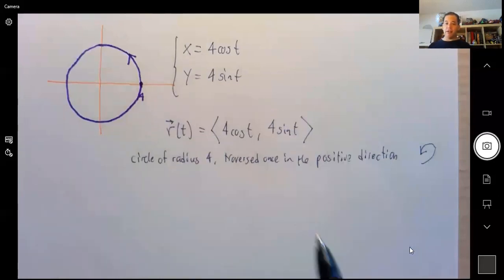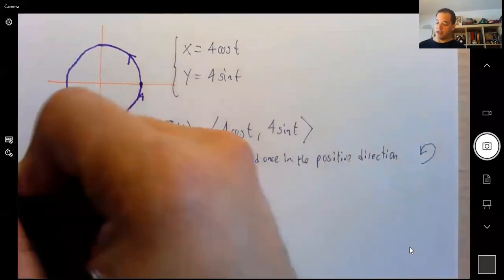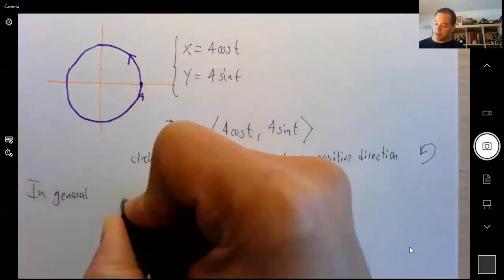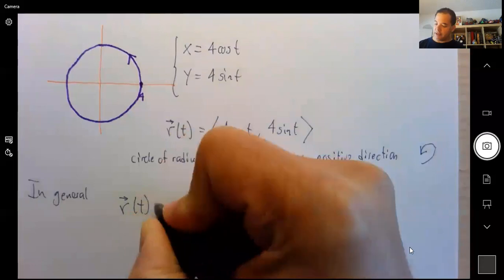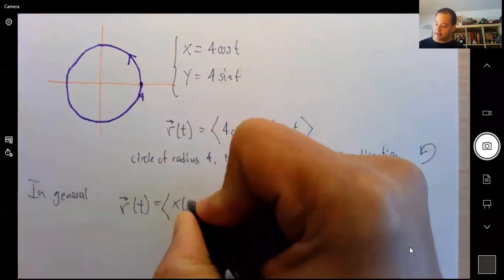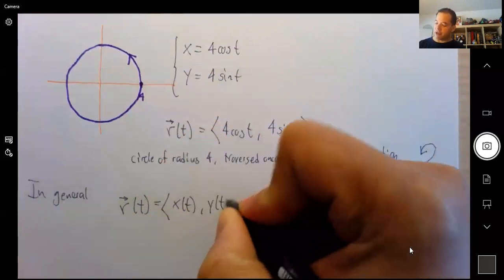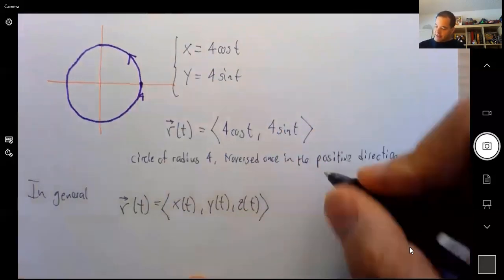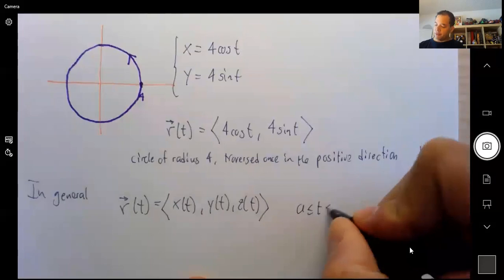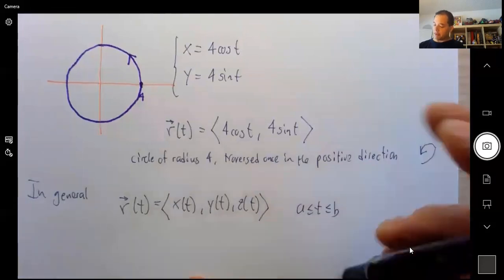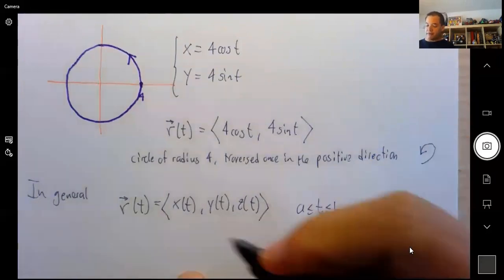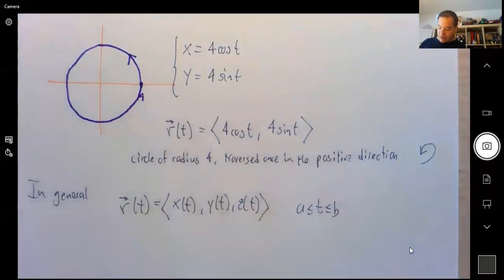So in general, if you have something like this, r of t, that has an x, a y, and a z, where the t is given between some two numbers, between time a and time b, this represents a curve.